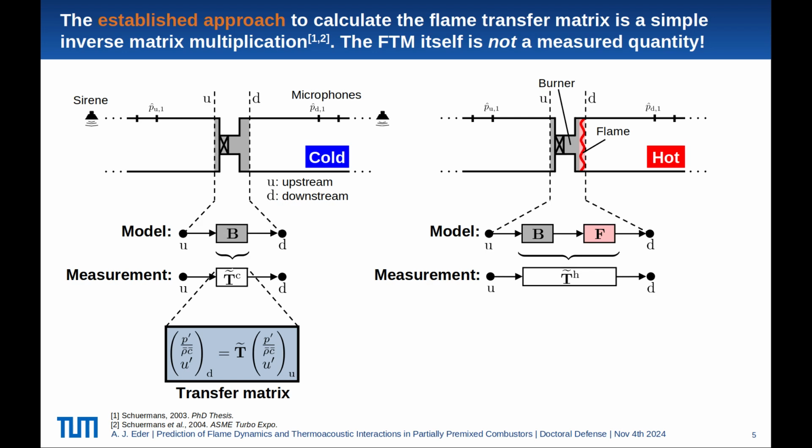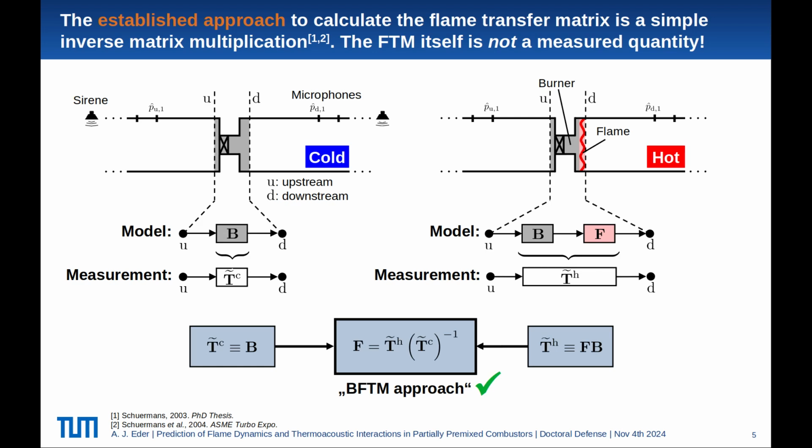And when we want to model everything between upstream and downstream, we can just say it's a burner and a flame. And here it is already visible that the measurement intrinsically describes the flame, because the information of the flame is inside the measurement T tilde H.